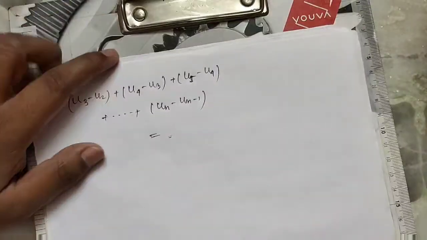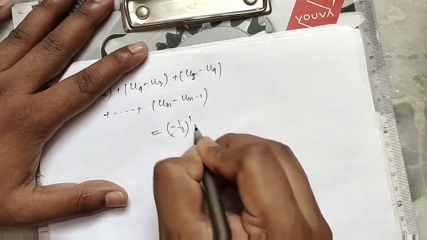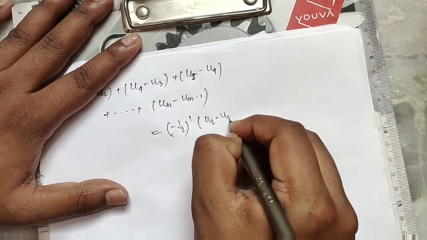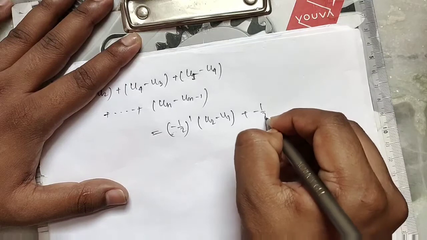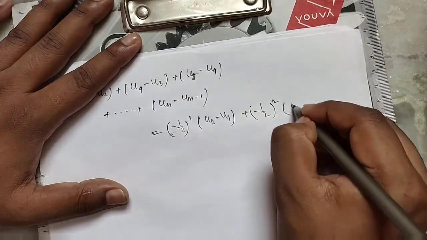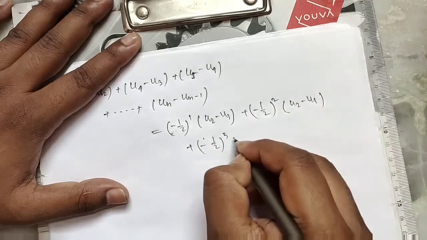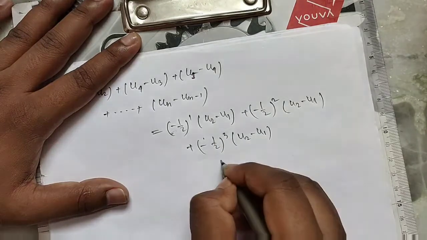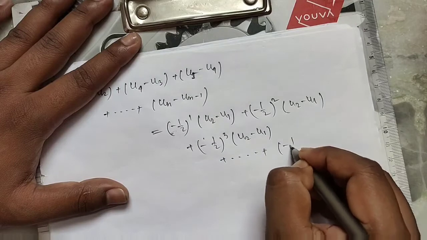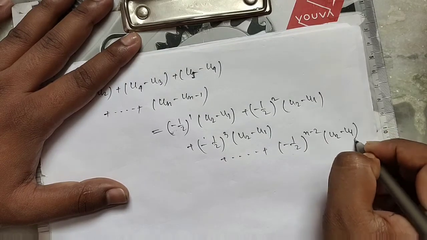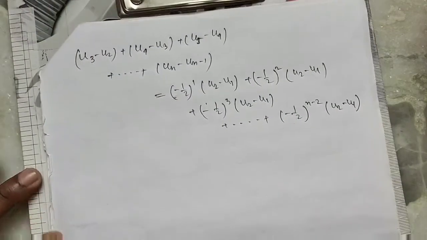So the first term is minus half whole to the power 1 into (u2 minus u1), plus minus half whole to the power 2 (u2 minus u1), plus minus half whole cube (u2 minus u1), plus ... plus minus half whole to the power n minus 2 (u2 minus u1). Clear?